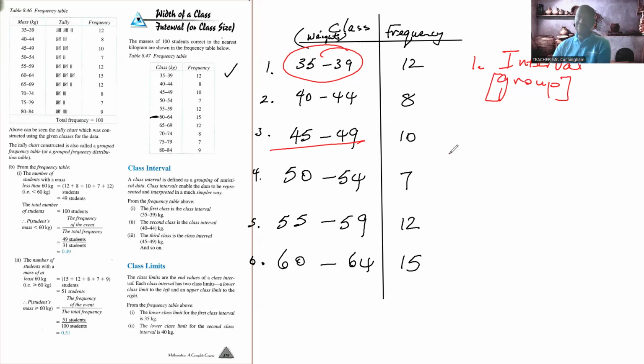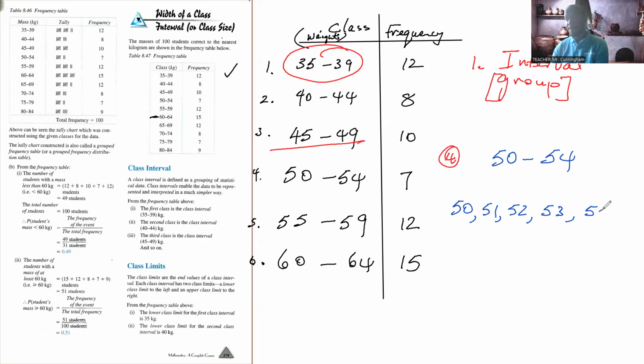Let's look at the fourth group, which is 50 to 54. That means they are looking at 50, 51, 52, 53, and 54. That's what the group comprises.